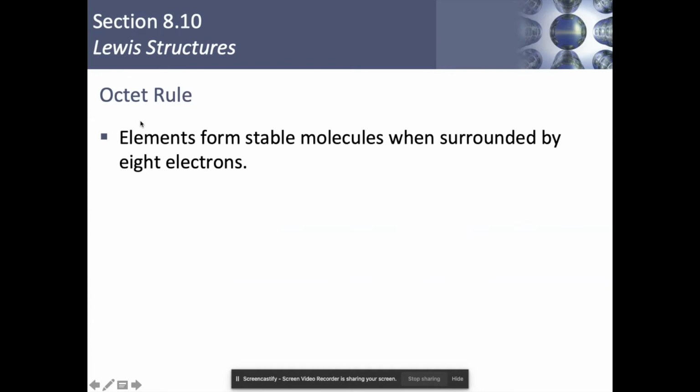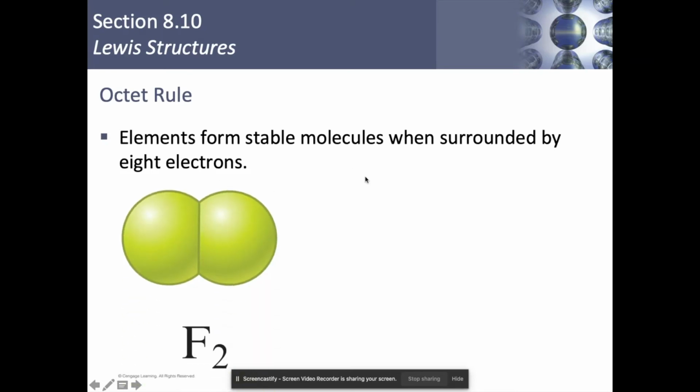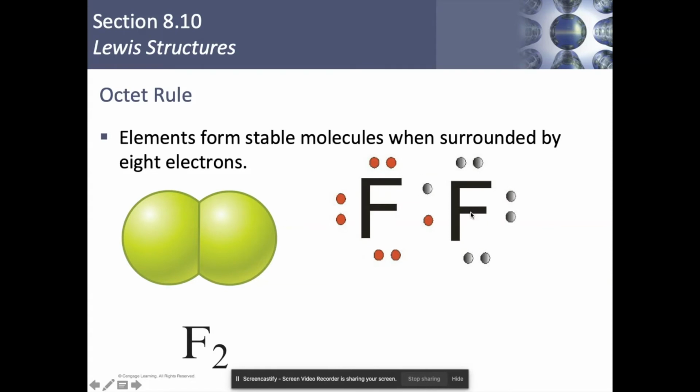Now, what about the octet rule? So octet, oct meaning 8, is for all the other elements on the periodic table. Elements form stable molecules when surrounded by 8 electrons. So here is fluorine. We have 2 fluorine atoms hooked together to form diatomic fluorine. And so this is what that would look like. So remember, according to our little chart, fluorine has 7 electrons. But guess what?